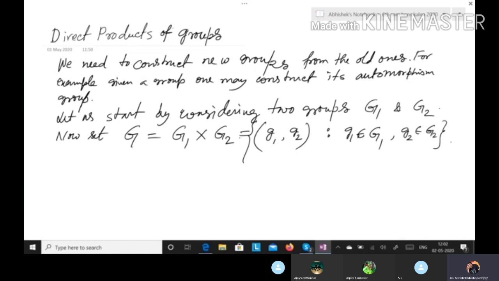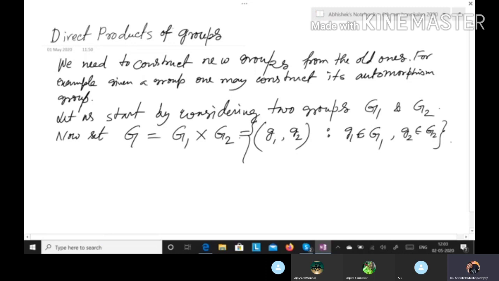So we consider this set G. Now to make it a group, we need to define a binary operation on G with the help of the binary operations respectively on G1 and on G2.